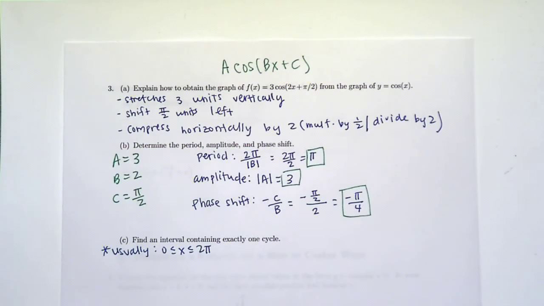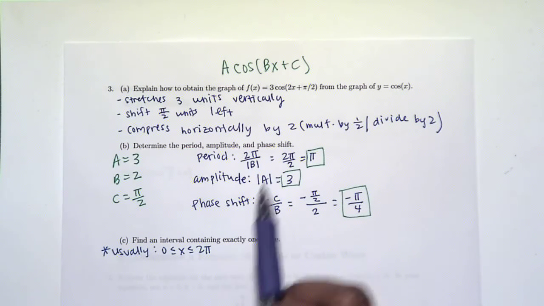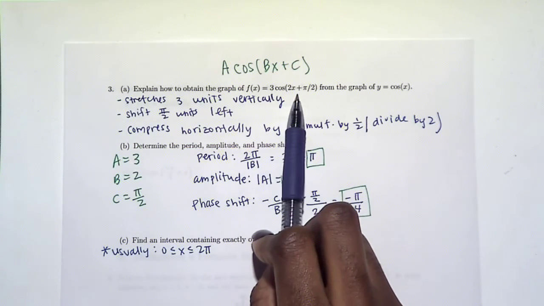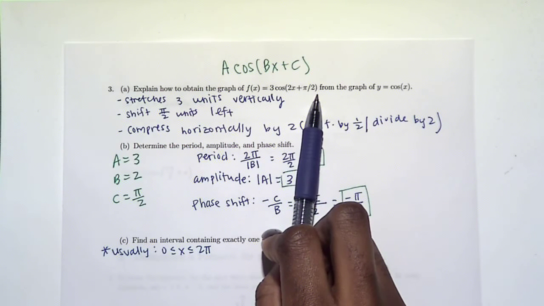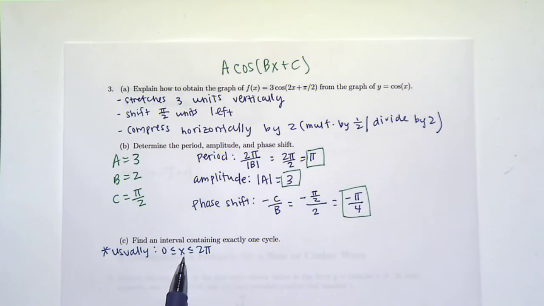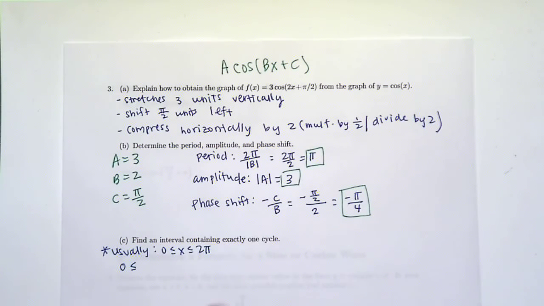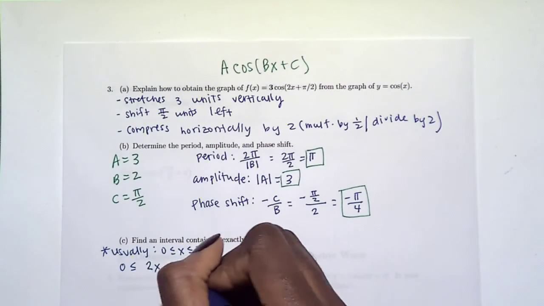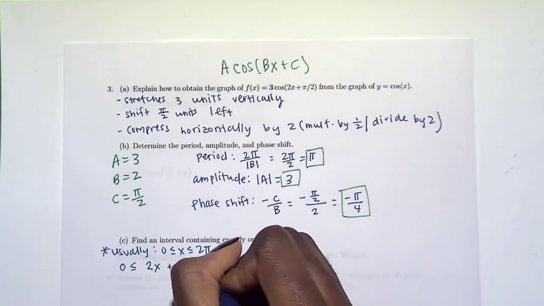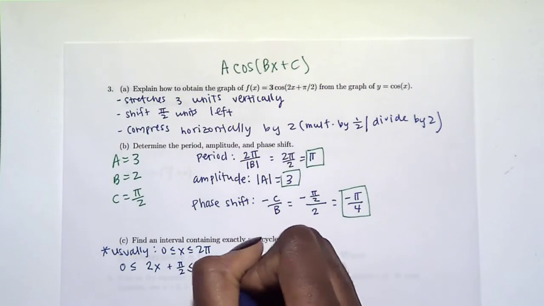All right, let's see what's going to happen with this one. Instead of x inside of our function, we actually have 2x plus pi over 2. All right, so that's what we're going to put here in the x position. So it's actually 2x plus pi over 2. That's between 0 and 2 pi.